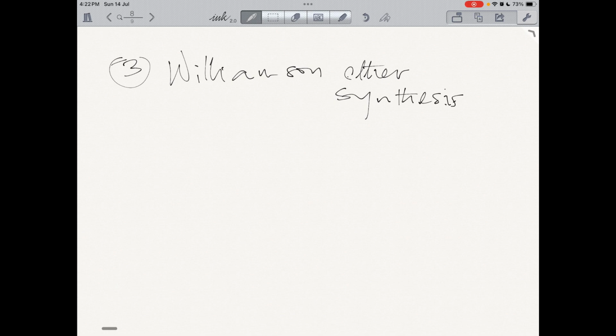Williamson ether synthesis begins with a reaction between sodium hydride and an alkanol. So I'll just do a general reaction here. If I have an alkanol, ROH, it begins with a reaction of sodium hydride, which acts as a base.